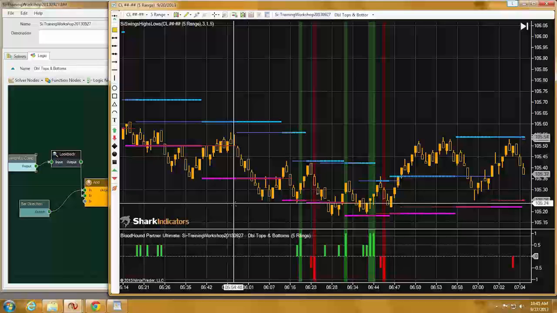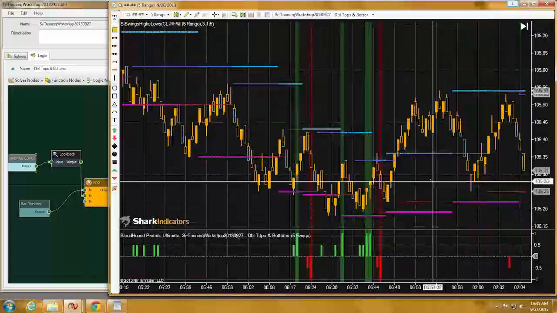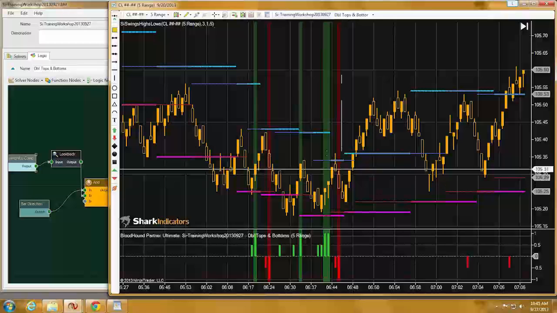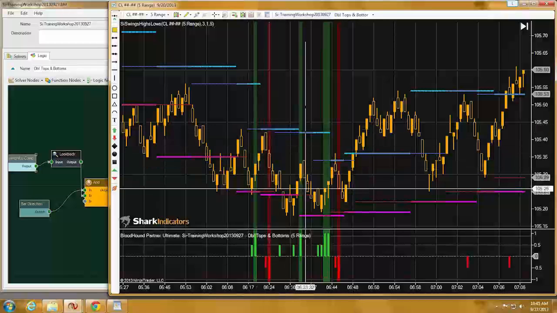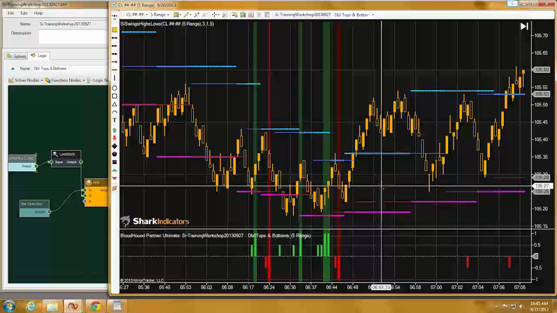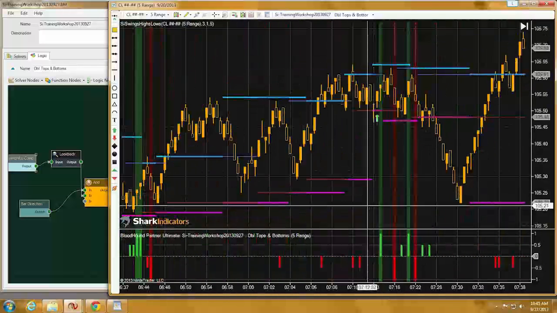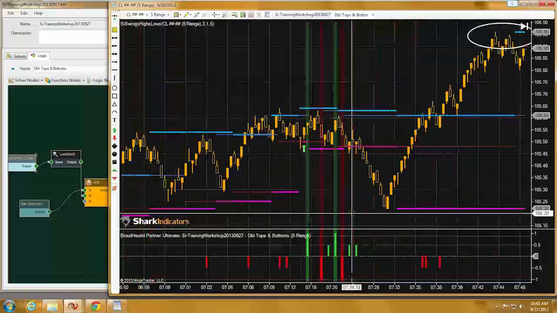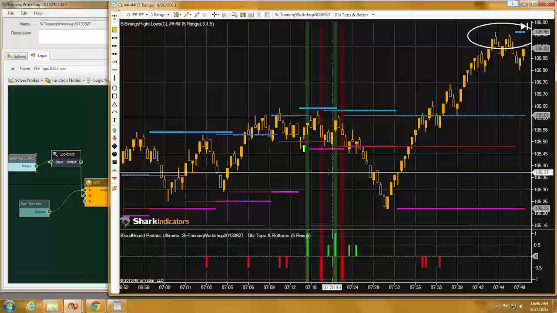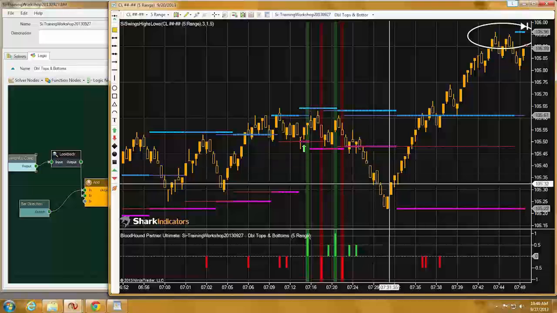So maybe you could use the time session solver to keep you out of the market in the overnight session. Around 7 o'clock is when I would expect oil trading to pick up. It just didn't pick up soon enough.